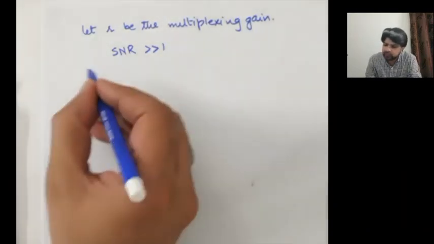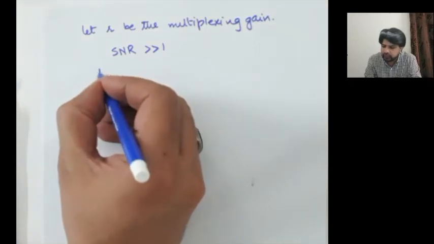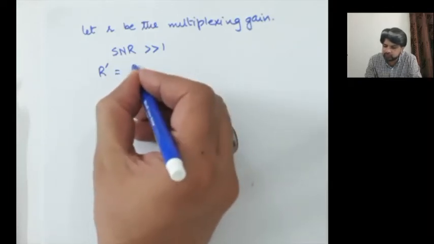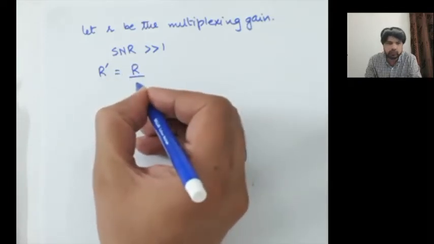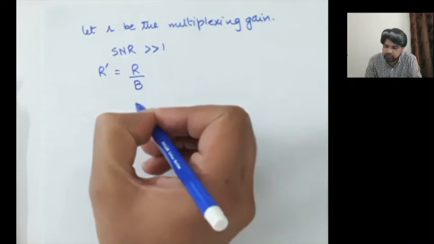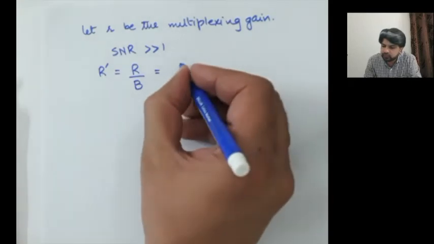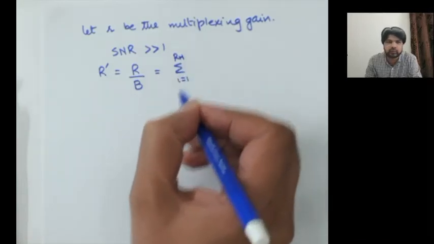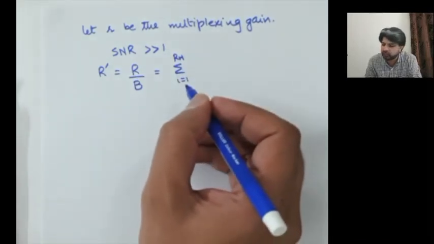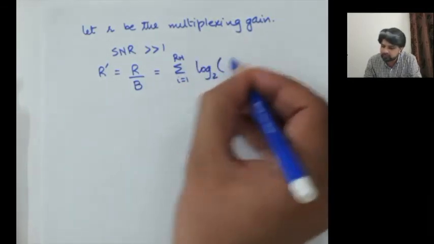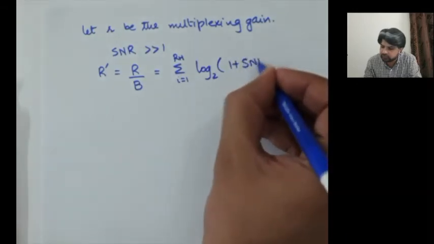And if we define our spectral efficiency to be R prime, which equals the maximum data that you can transmit over a channel divided by B, that means you want to normalize it with respect to B. That would be equal to the summation from i equals 1 to RH, where RH is the rank of the channel matrix and the maximum number of channels that you can have, of log base 2 of 1 plus signal to noise ratio.